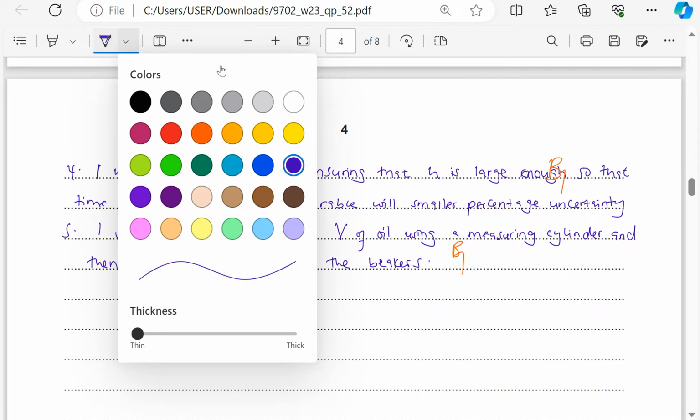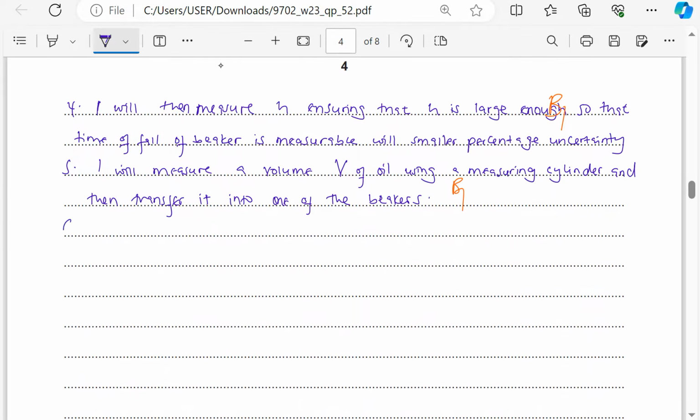Then 6. I'll now release the beakers from height H, which I've already measured.